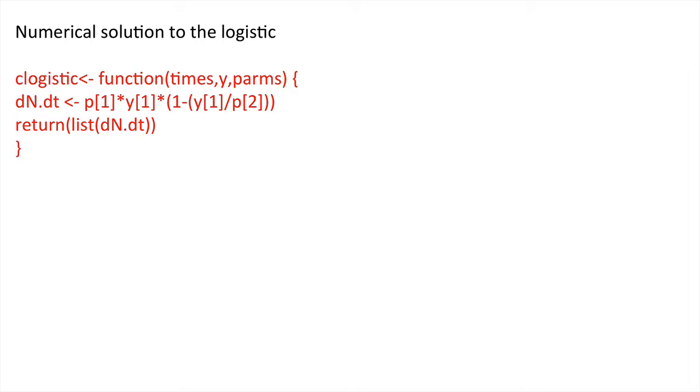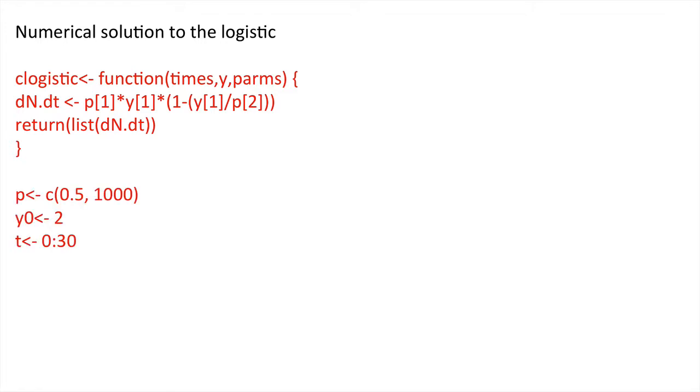We've got dN/dt here, and notice now that we have two parameters, one standing for r and the other one standing for K, and yet we still only have one state variable, that's the N here that we see. And then we get a list which is returned from solving this differential equation. I should say that later on in the applications part, you'll see ways in which we can refer to these parameters by name, like r and K, and also you'll see an example where we've got more than one state variable.